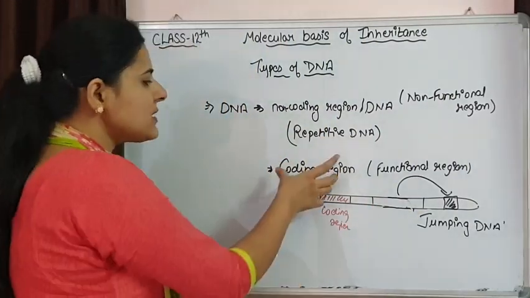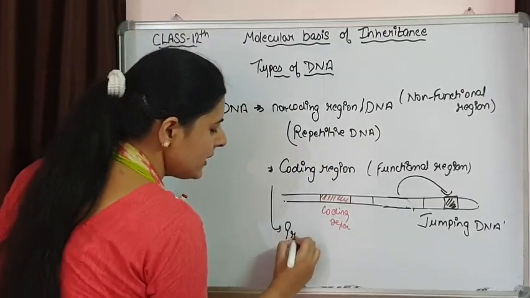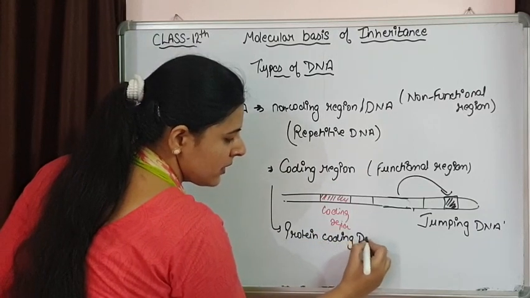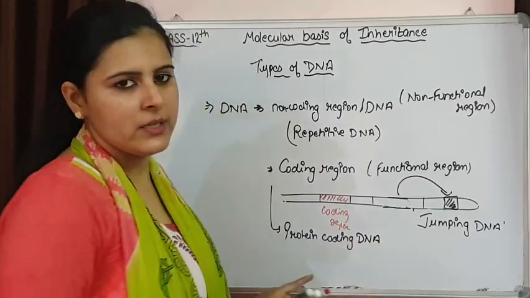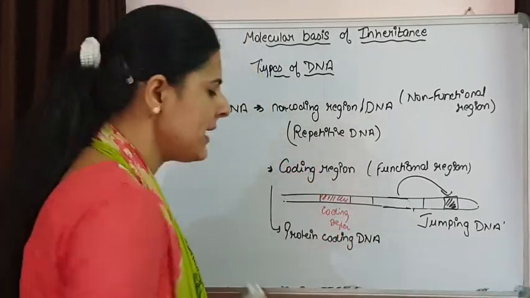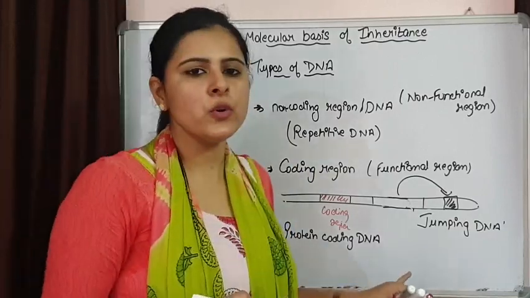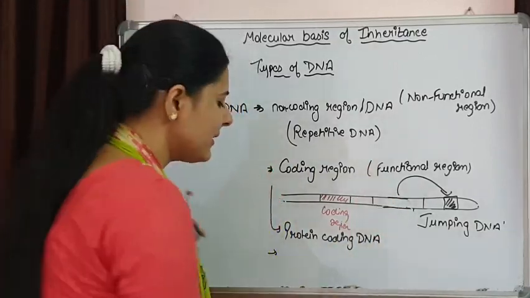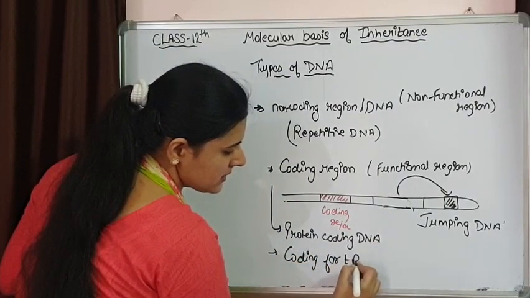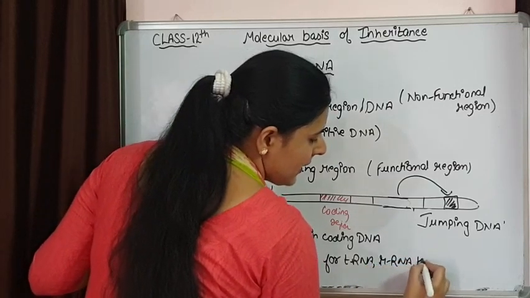Now from this coding region, some of the DNA segments are coding for protein. So some are protein coding DNA, which are responsible for the synthesis of various types of proteins in our body, and some of the coding region is not going to code for proteins, but it is coding for tRNA, rRNA and histone.